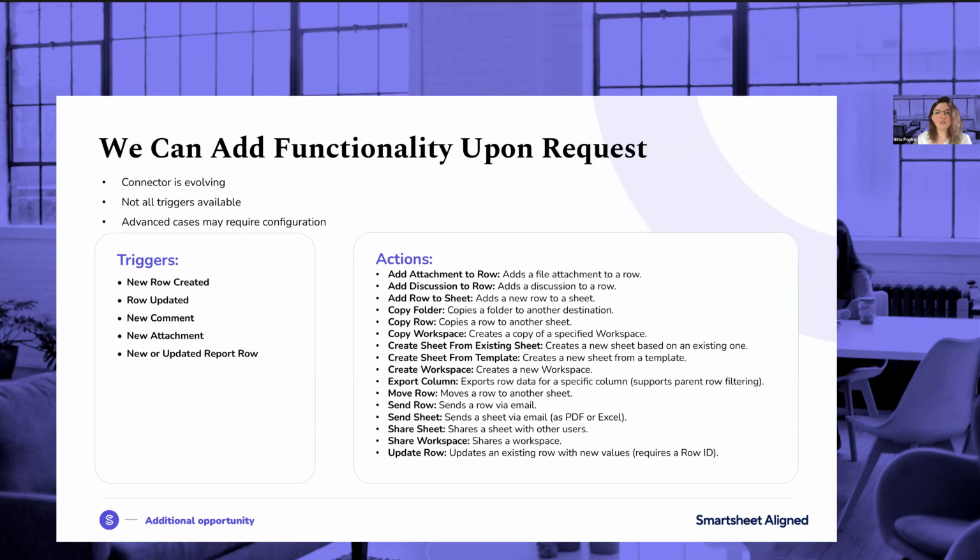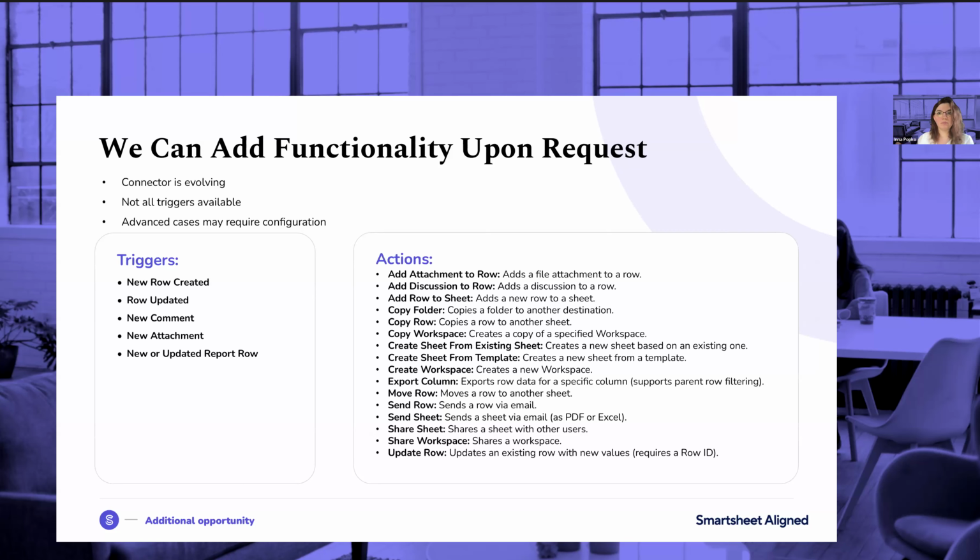As we mentioned at the beginning of the webinar, we currently have a specific workflow available in our connector, in particular the one that Valentin showed you today. The connector currently allows you to push data from Smartsheet to another service that Zapier supports.